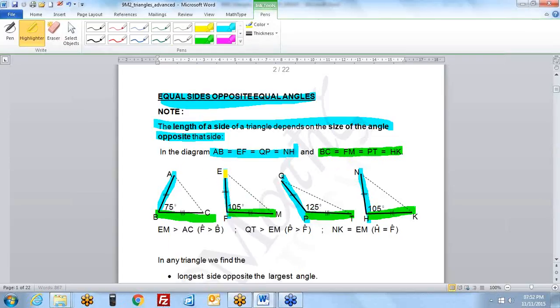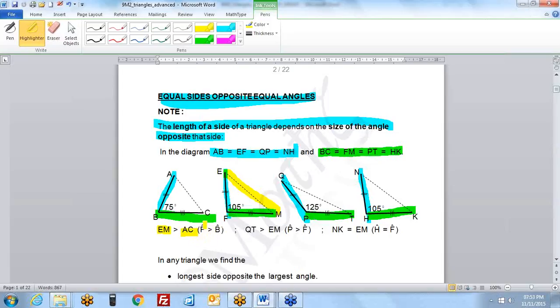Now, EM is greater than AC for the simple reason angle F is bigger than angle B, because angle F equals 105 degrees and angle B equals 75 degrees. Therefore, side EM is longer than side length AC. So the reason for making this statement is because angle F is greater than angle B.